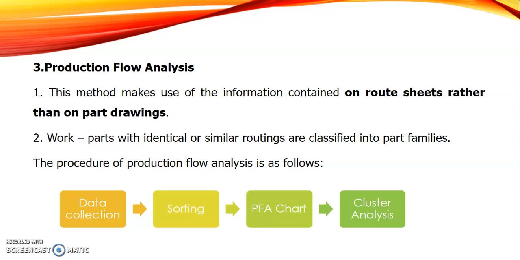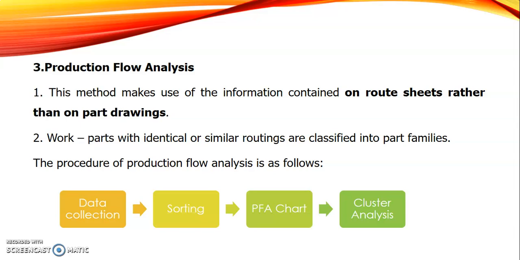In data collection, the data needed for the analysis are part number and operation sequence. Both are contained in the product route sheets. Each operation is usually associated with a particular machine. So we can easily determine the operation sequence and the machine sequence also.